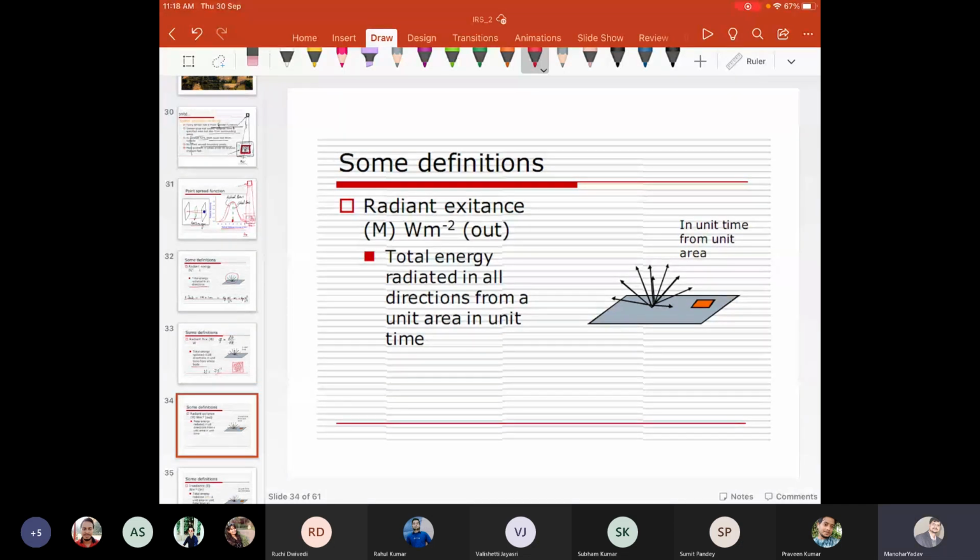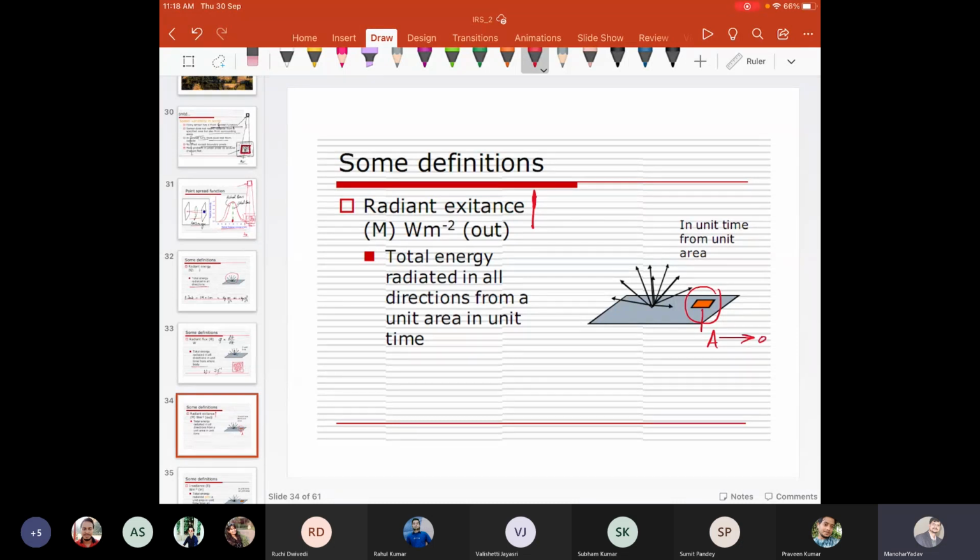Further, when we talk about radiant exitance, we talk in terms of per unit area. As you see over here, this is area A, and it's a very small area.